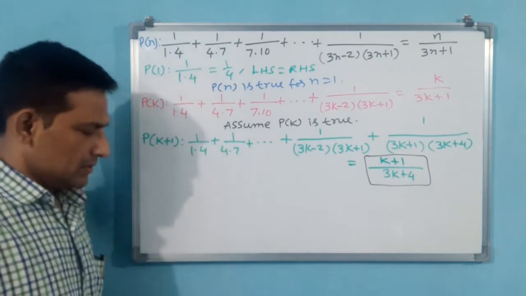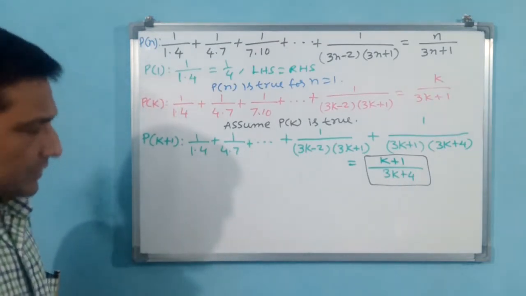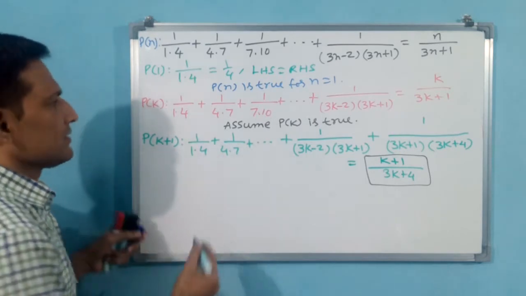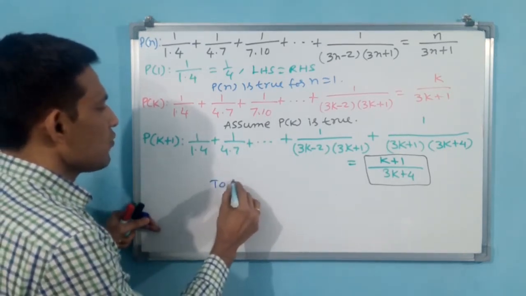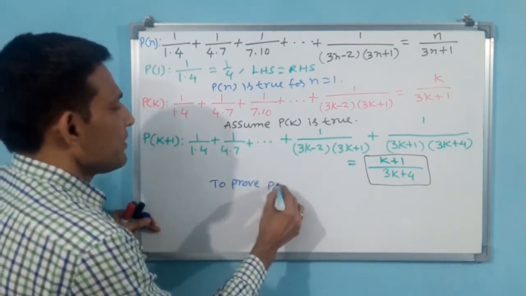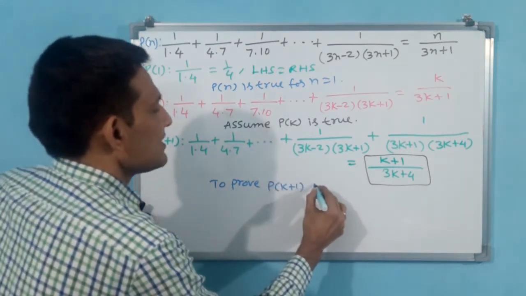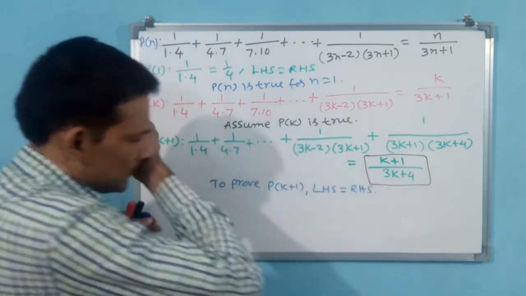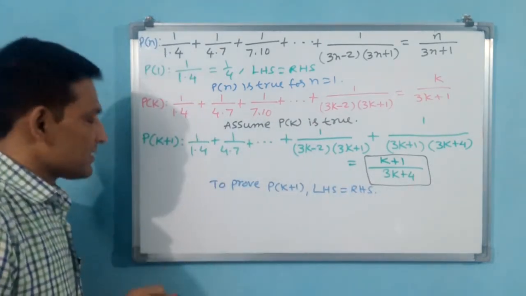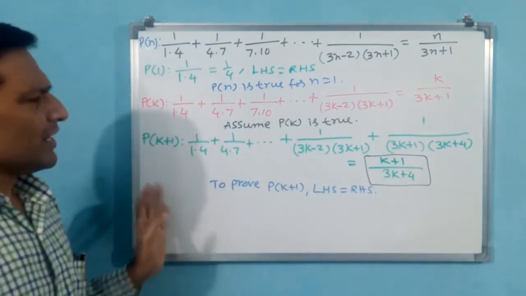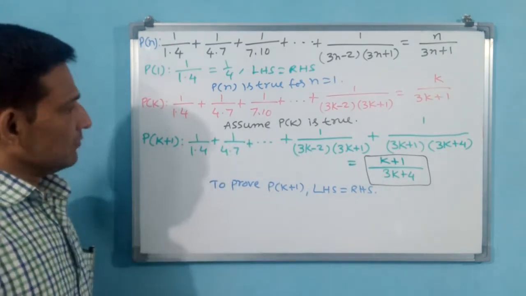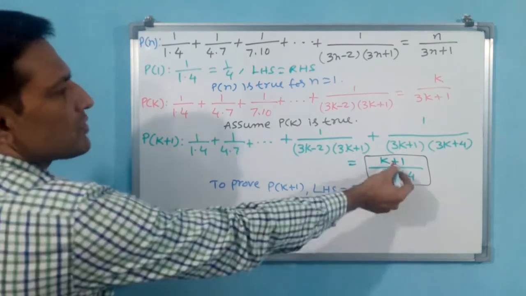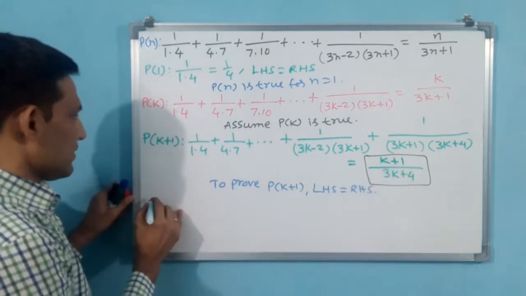Next, write: to prove P of k plus 1, LHS is equal to RHS. Now let us take LHS. We proceed further by taking LHS, because we have to receive k plus 1 by 3k plus 4.